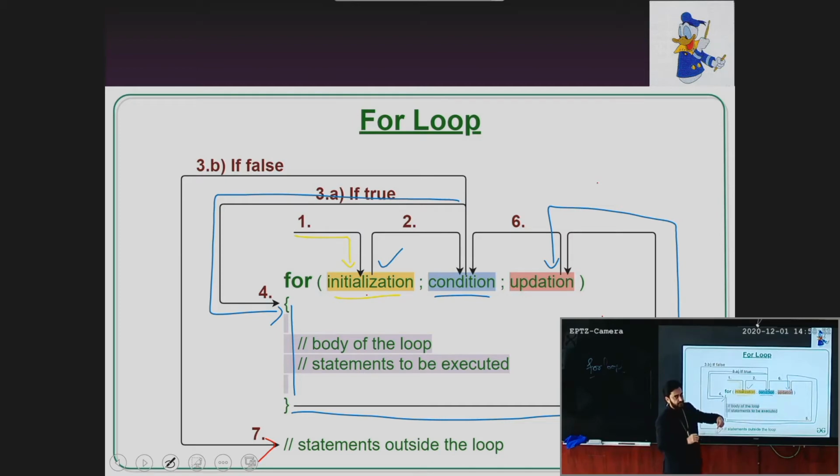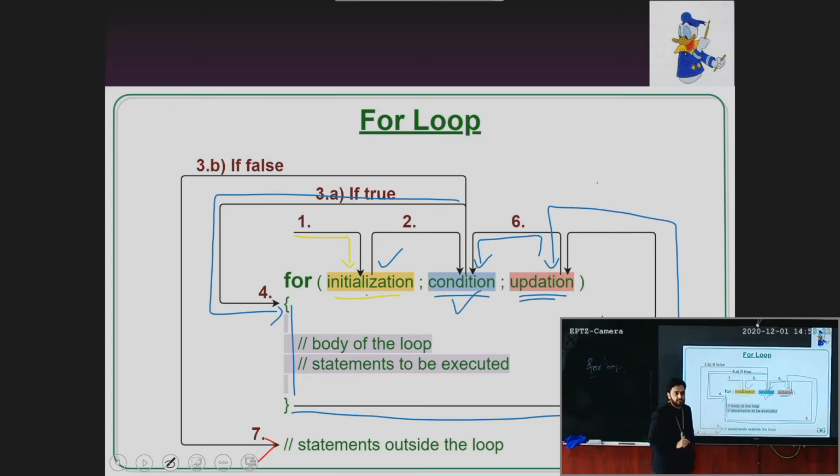We will see in our example how we can update our counter statements, using increment or decrement operators. Okay, and then after updation, the execution will come to the conditional statement, and again the condition will be checked. It means that the counter variable will be checked here.